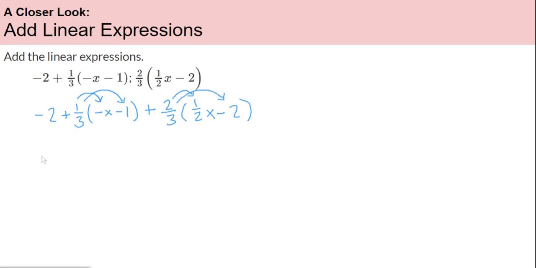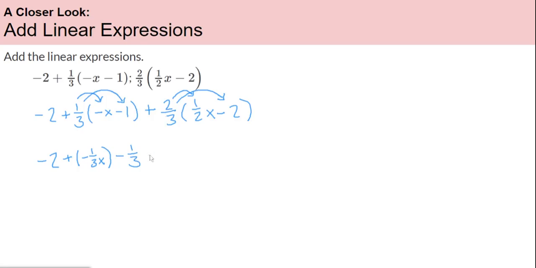So that's what I'm going to distribute. So I have the -2 plus, I have this 1/3, so now I have -1/3 x, right? So -1/3 x, and then minus, 1/3 times 1 would just be 1/3.